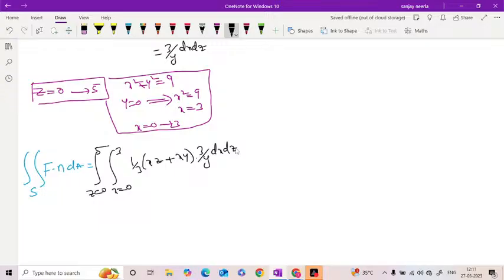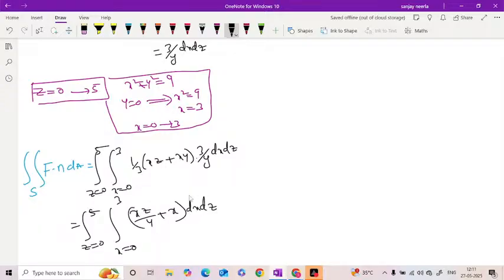So dx into dz and double integral, z is equal to 0 to 5 and x is equal to 0 to 3. 3 cancel. Now xz by y plus x into dx into dz.